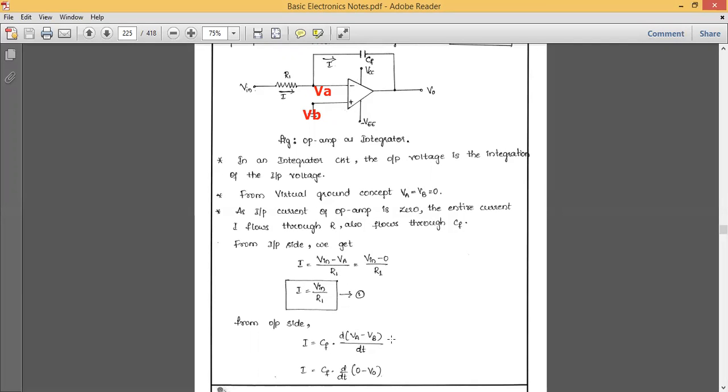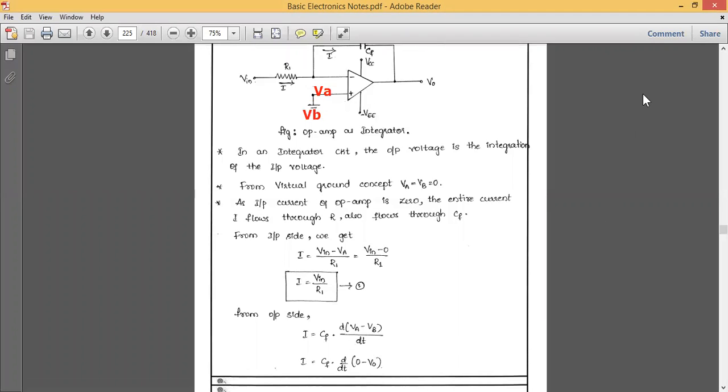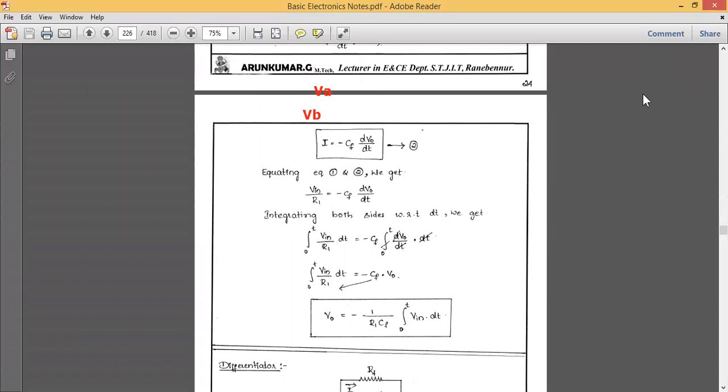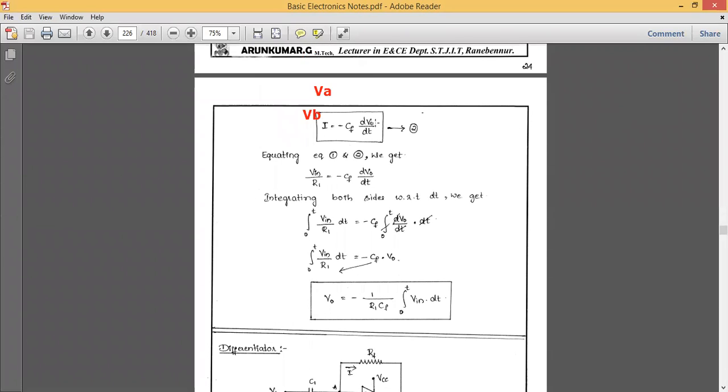As Va is equal to 0, the modified current equation is I is equal to Cf multiplied by d by dt of Va, which is 0, minus V naught. Now the current I is equal to minus Cf, and this minus sign is from this minus V naught.